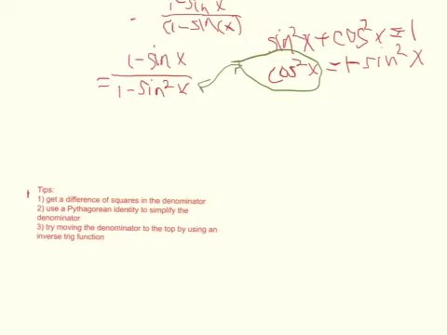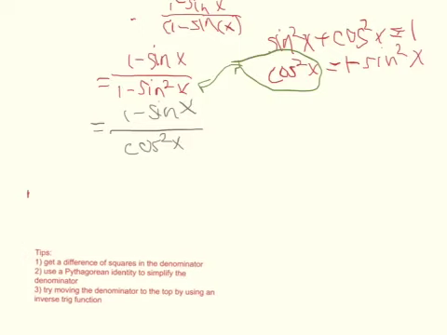So next step, we're going to do that substitution. It equals 1 minus sine x in our numerator, and the denominator becomes cosine squared x. Now I'm going to rewrite this expression horizontally versus vertically because I think it's going to help us see where we're going.